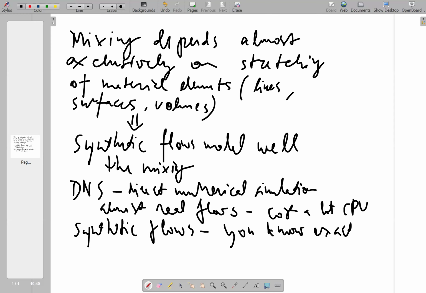In terms of understanding the process, that's a benefit, because then in the next step you learn what the real flows are, and then you can combine those two knowledges.